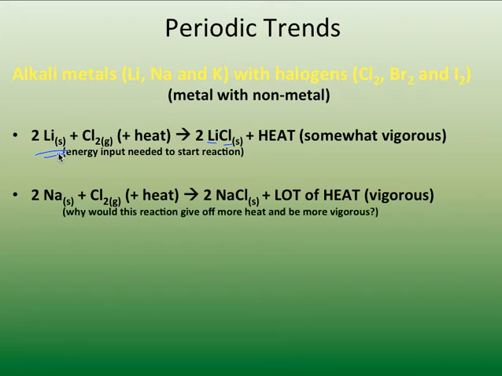Why would this be more reactive, more vigorous, and give off more heat? Well, the only two things different between them are the two metals, correct? How do metals react? Well, they react by giving away electrons. Sodium has a larger atomic radius.